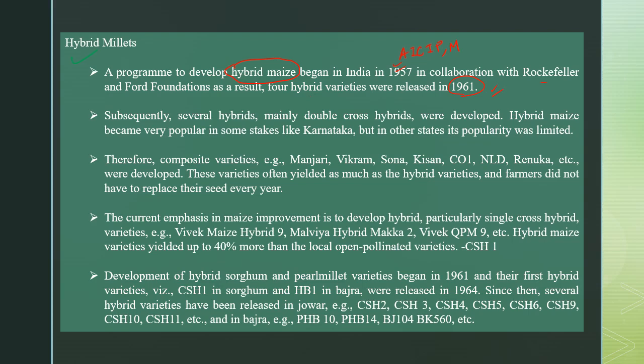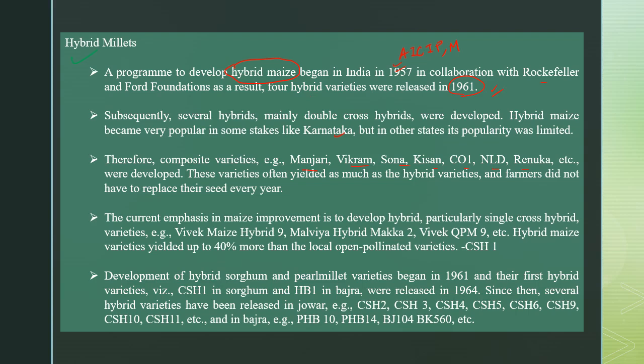Subsequently, several hybrids, mainly double cross hybrids, were developed. Hybrid maize became very popular in some states like Karnataka. Composite varieties like Manjari, Vikram, Sona, Kisan, CO1, and NLD, Renuka were also developed in this period.